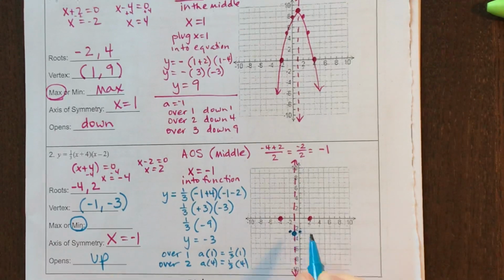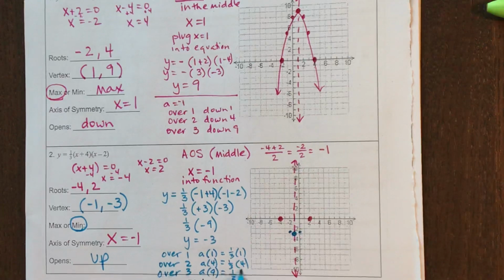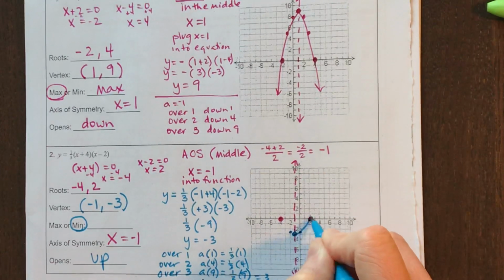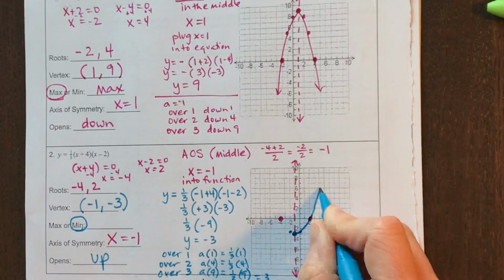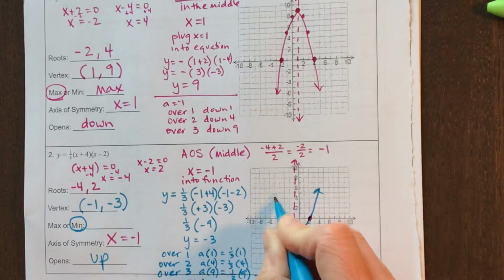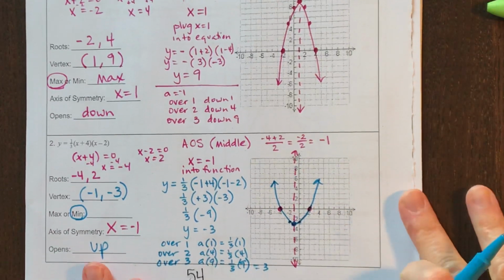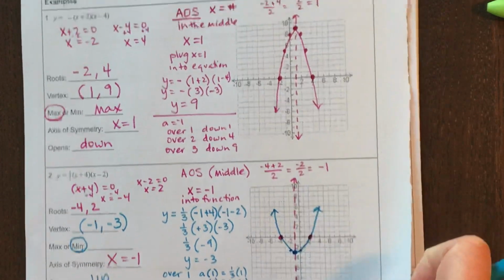I don't even know how much that is. I'm going to skip that, because watch, if we go over 3, 4 thirds is 1 1/3, but if I take my A times 9, a third times 9 would be 3, and that's a much nicer point. So I'm just going to connect. So over 1, 2, 3, up 1, 2, 3, that's my x-intercept. I'm just going to connect those. So there's our graph.